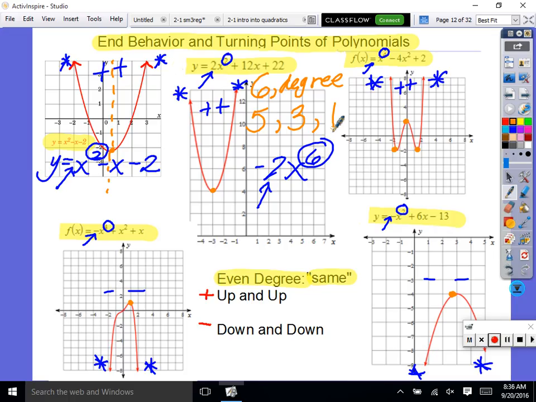Yes, the same as all the other evens. Does that help a little bit? So degree 8, it could have 7 at most, or 5, or 3, or 1 turning point. It just depends on the polynomial. Like this 4th happened to have 1 turning point, where this 4th had 3. Some 4ths have 3, some 4ths have 1.